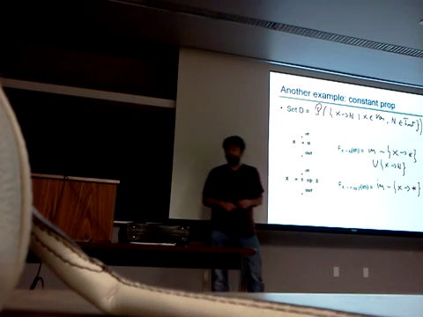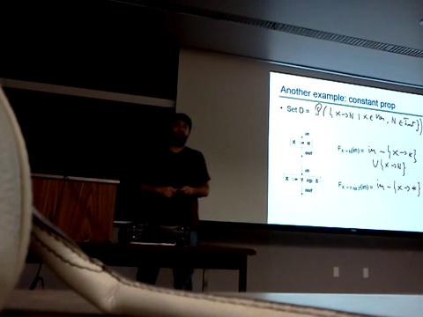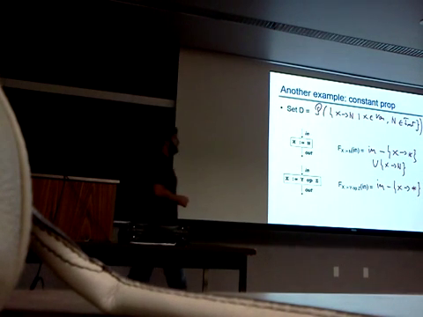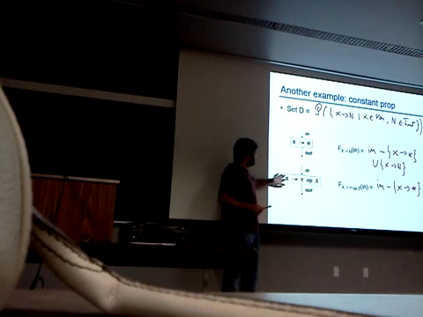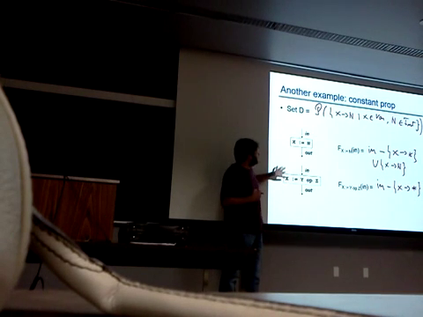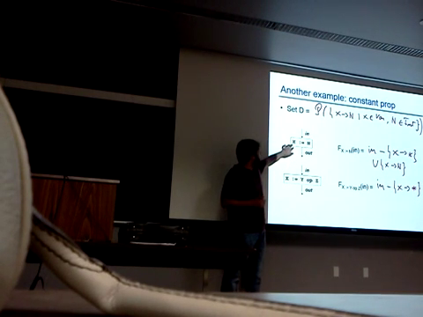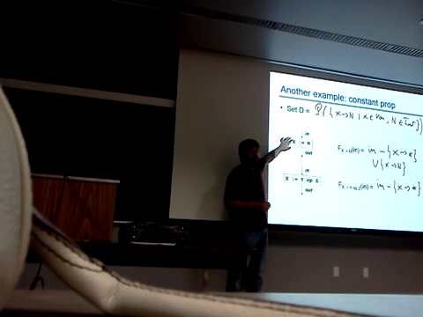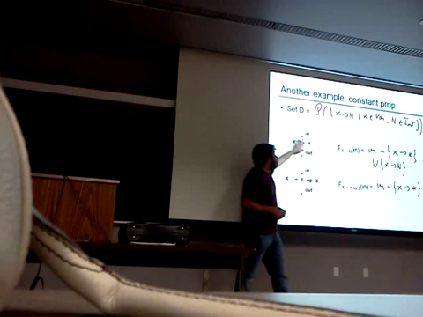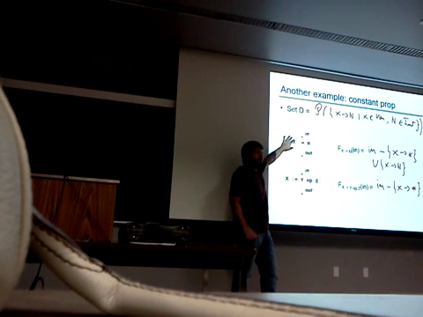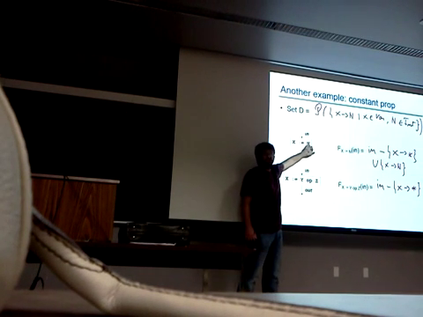Are y and z constant integers? No, they're variables. Okay, so x, y, and z are variables. And by the way, let me also clarify, notice how these are capital. It's very important that these are capital because these are patterns, right? This flow function works for any statement in your program where a variable is assigned some constant.